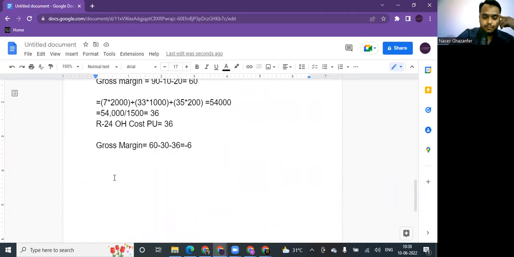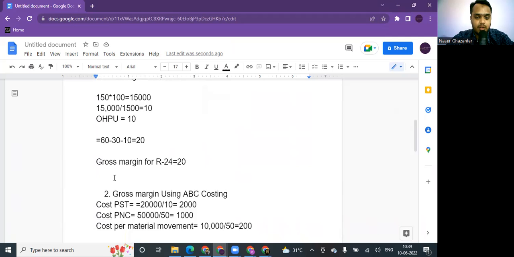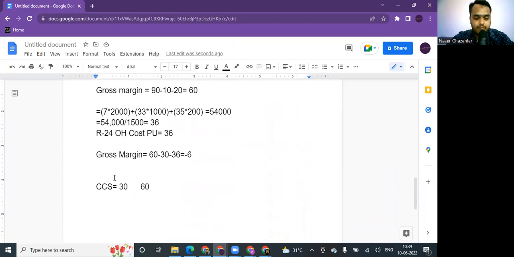So based on the current costing system, I've got a gross margin of 30, whereas here I've got how much? 60 using activity based costing. And for the R24, I'm getting a gross margin here of 20, but here I'm getting minus 6. So the gross margin is changing in here.